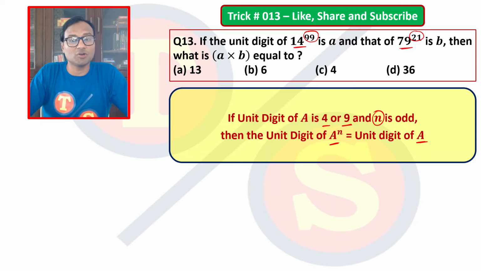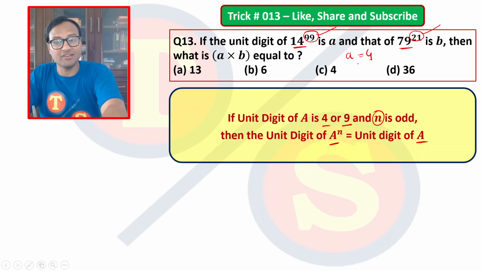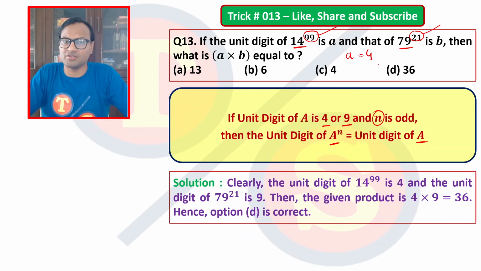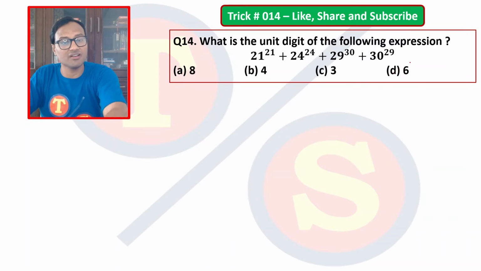So in this case, because the power is odd, there will be no change in the unit digit. 14 to the power 99, unit digit will be 4, so A is 4. And 79 to the power 21, unit digit will be 9, so B is 9. So we have been asked to find out A into B. So A into B, 4 into 9, that will come out to be 36. Answer option D is the correct answer.